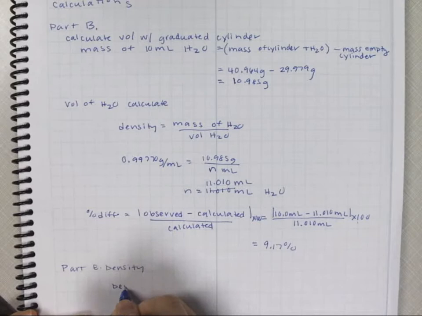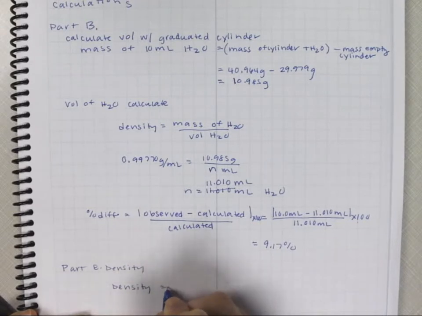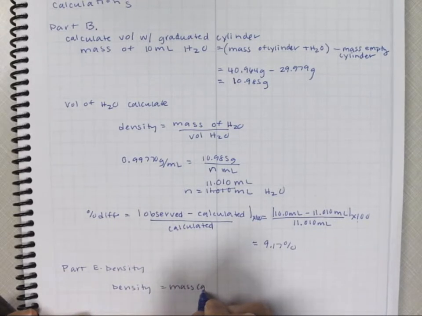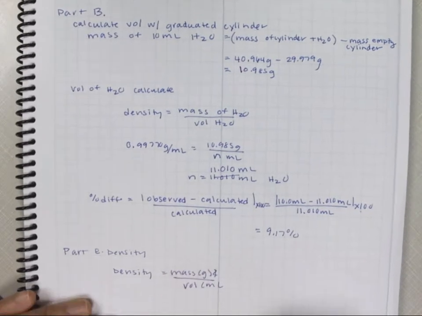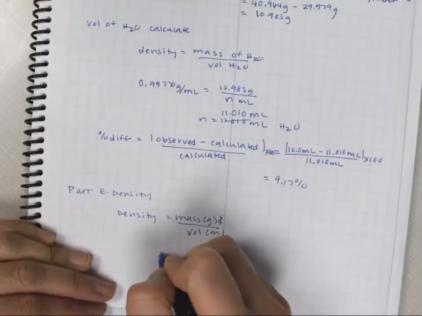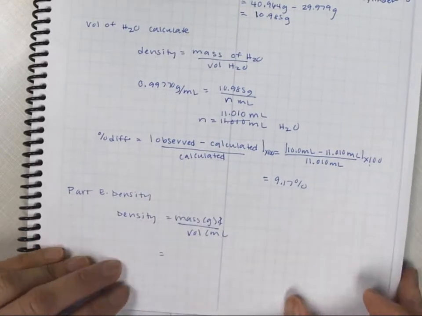So density equals mass over volume. The mass is in grams, and volume is in milliliters. To determine the density, you look at the mass of your first object. I have to go back here.